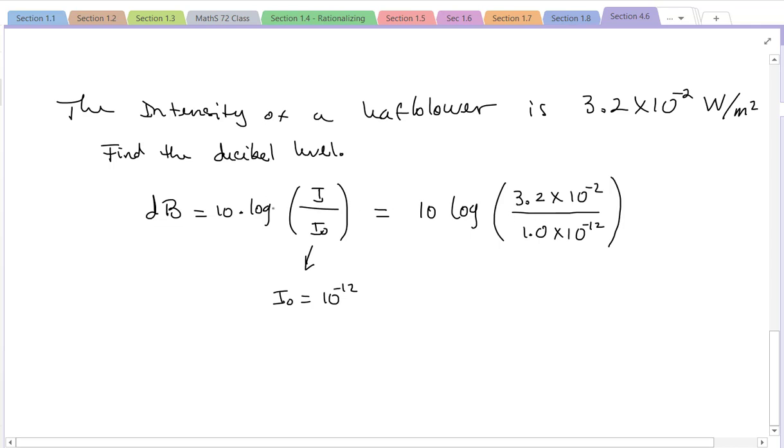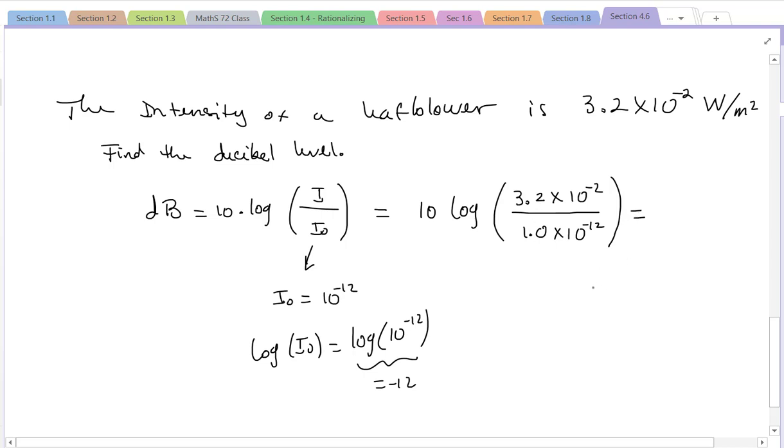The laws of logarithms allow me to say log of I minus log of I naught. And log of I naught would be log of 10 to the minus 12, which will just be equal to negative 12, because the property of logs says if the bases are the same, you just get the exponent. But I'm going to choose to do it this way, because then I can use scientific notation.